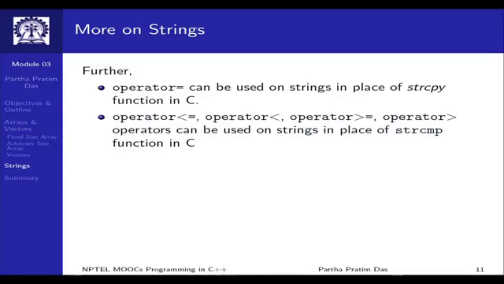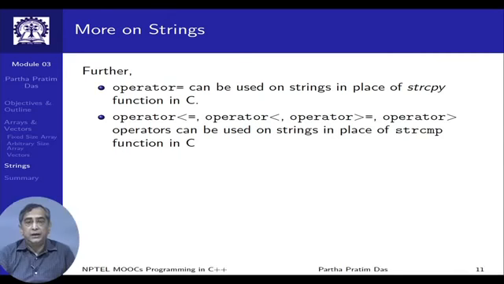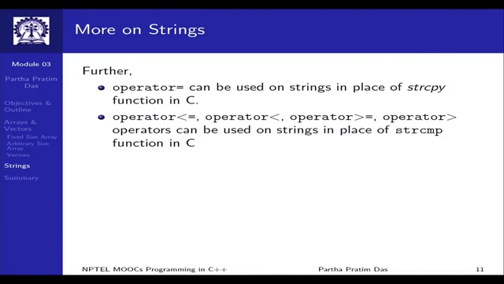Further, it does not just end with using the addition operator for concatenation of strings. You can do several other operations. In fact, you do not actually need any of the string.h functions that you have in the C standard library, and can achieve their task by using the more natural operators. You can use an assignment in place of string copy.